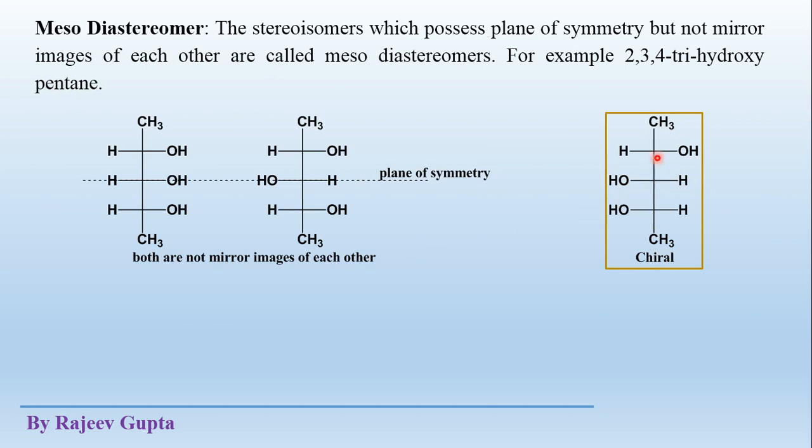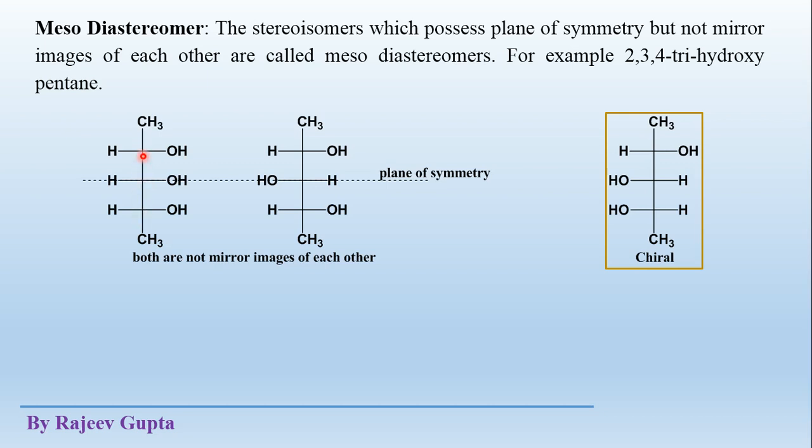So it is also an example of this structure, which has three chiral centers, and it is a chiral molecule. Its mirror image will be an enantiomer of this. Consider these two carbon atoms as chiral carbon atoms, and the center carbon atom is a pseudo chiral center.